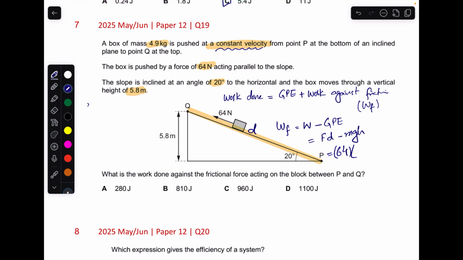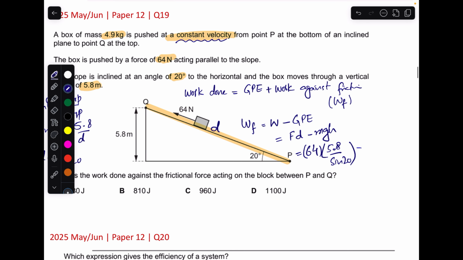So if you use a sine function, sine theta is perpendicular over hypotenuse. So sine 20 degrees is equal to 5.8 divided by d. So d is equal to 5.8 divided by sine 20. Okay, so we can put this thing here, 5.8 divided by sine 20, and minus mgh. So when you minus, mass is 4.9, g is 9.81, and height is 5.8.